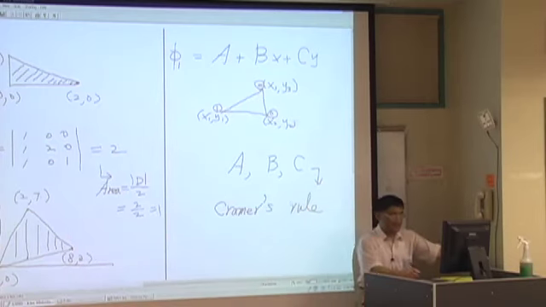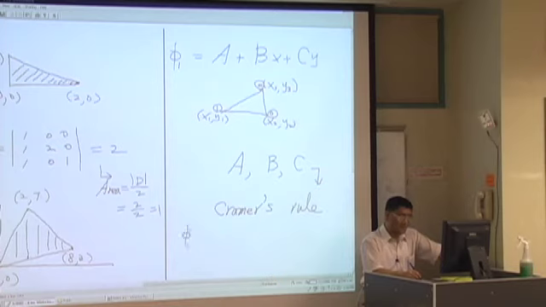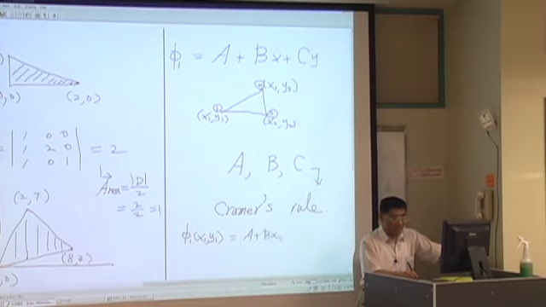So assume that we use x1 and y1. Then it becomes A plus Bx1 plus Cy1, and by this condition the height is what? 1.